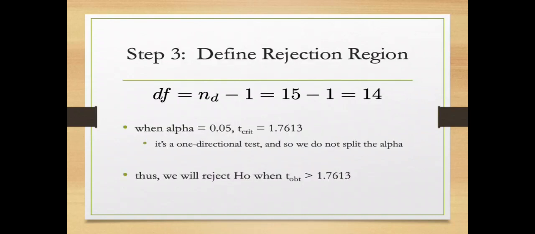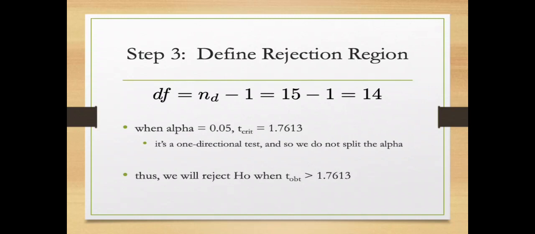In step number 3, we define our rejection region, and to do so, we need to calculate a value for degrees of freedom. We have 30 participants, but they are organized into 15 pairs. Thus, we have 15 minus 1 equals 14 degrees of freedom. Because this is a one-tailed hypothesis test, we only have one rejection region, and so we should not split the alpha.